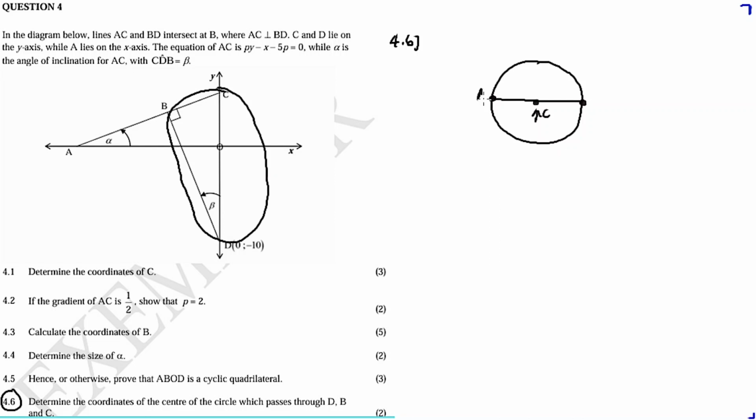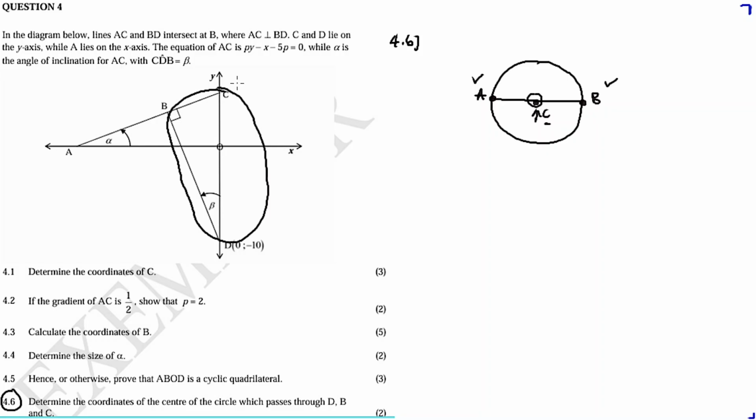I have A and B. What is a diameter? Diameter is that line that passes through the center. Okay? So how do you get the coordinates of the center? Basically, we take the coordinates of A and B, then we calculate the midpoint between these 2 points. Okay? So in this case, I do have a diameter.